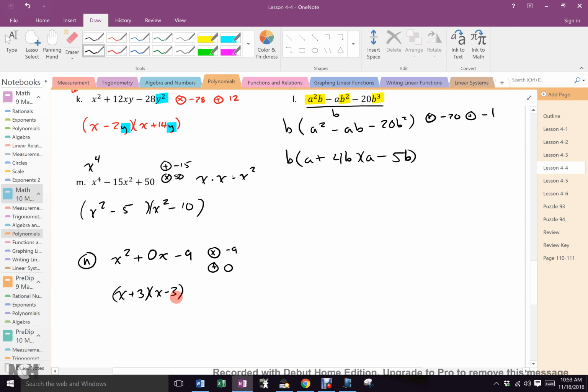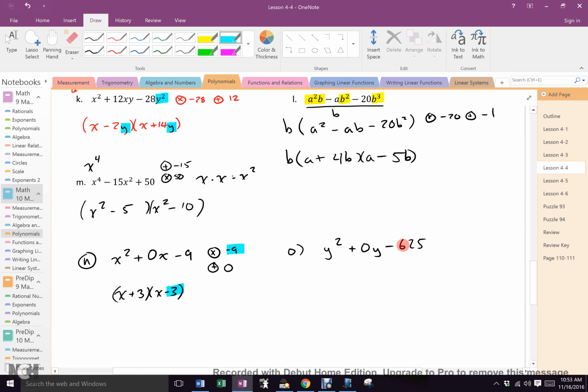Cool? So your next one should be exactly the same, except it'll be maybe y squared plus 0y, and then a bigger number. So, you should notice something about that and that. What is it?